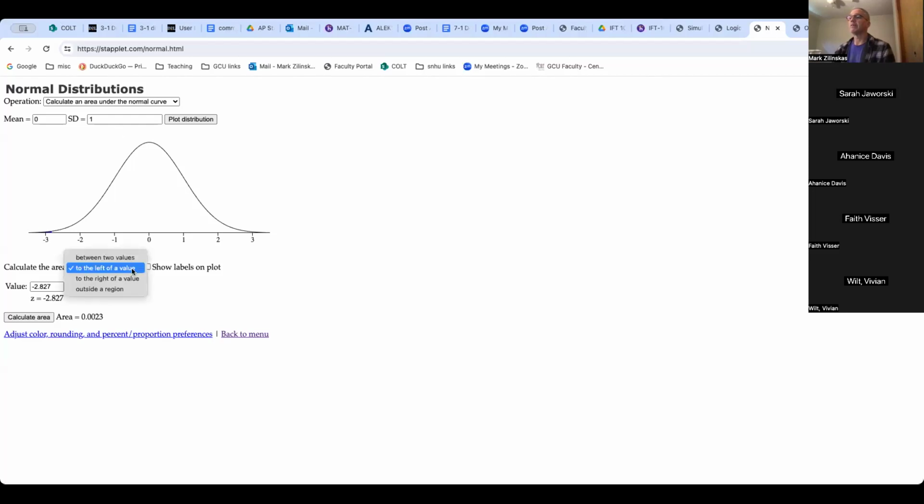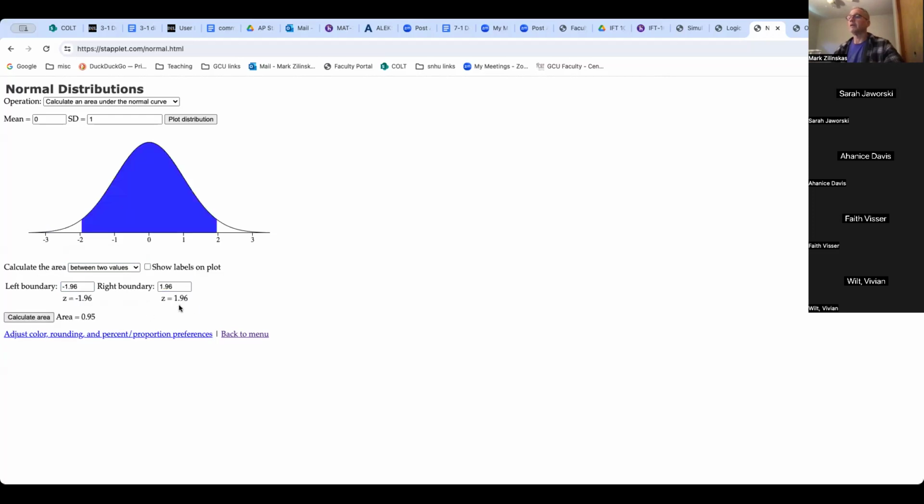If I want to go between two values, the left boundary should be negative 1.96, and the right boundary should be 1.96. You can see that I have about 95% of the area in between here, which means that this is 2.5 and this is 2.5. Okay, so that's how that table works.